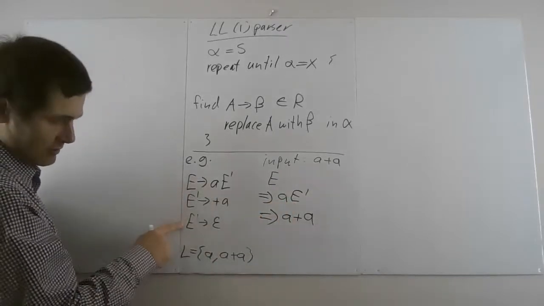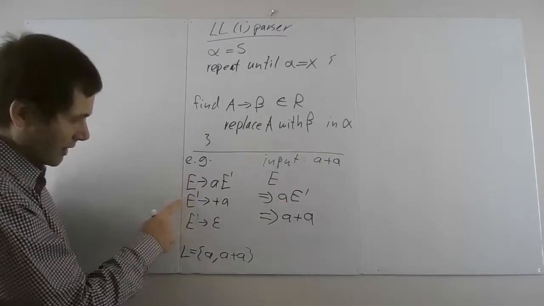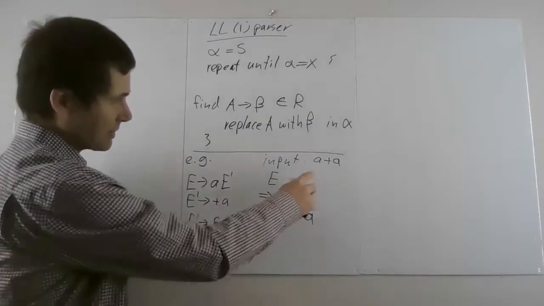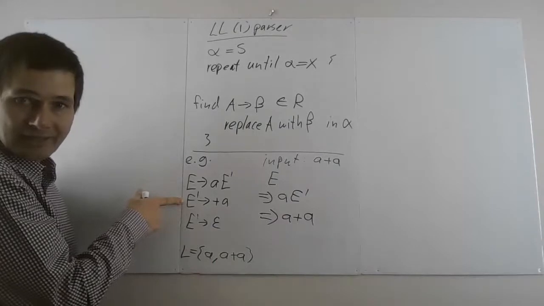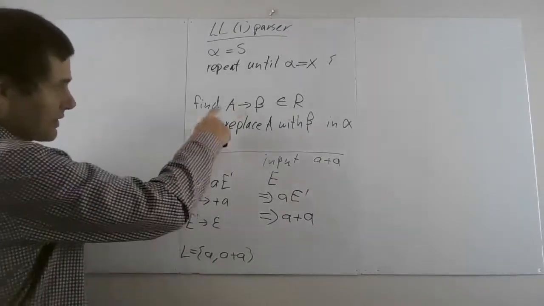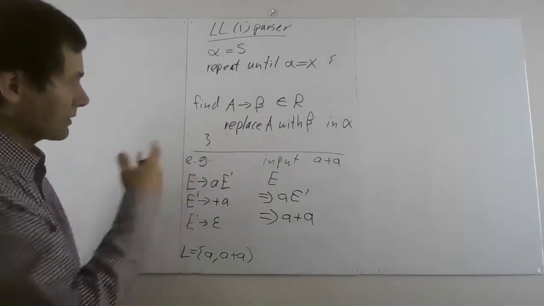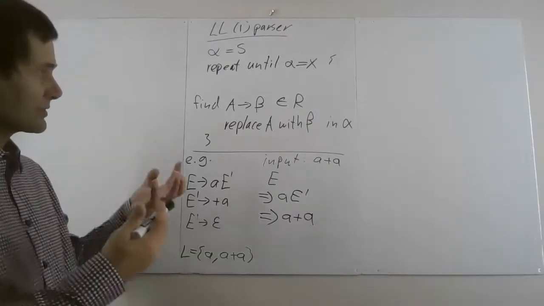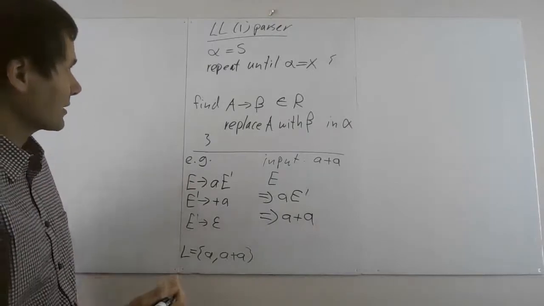In the grammar, there are two production rules that expand E prime, so you could apply one or the other of them. But because the input is A plus A, the only correct one for this input is this one. So the question is, how do we choose a production rule based on the input that we are seeing? There are going to be two pieces of information that we use.